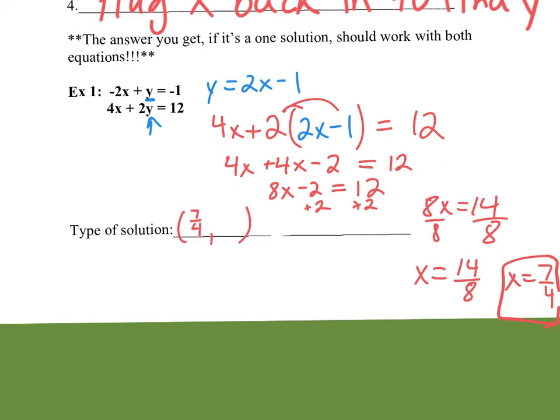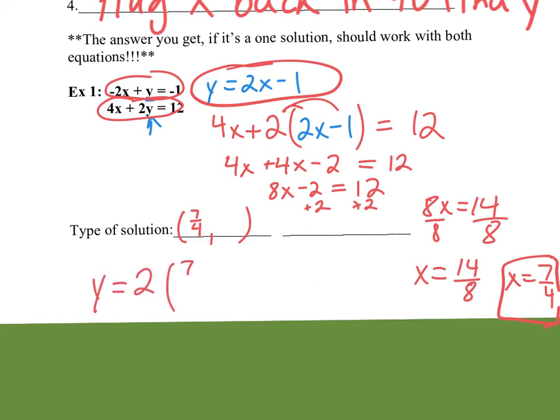So now I can go and I can pick. I can plug that x into this equation, or even to this one. Because they're all the same. Or the first two are the same. So let's just go ahead and plug it into y equals 2 times x minus 1. So 2 times 7/4. Use a calculator. What's 2 times 7/4?